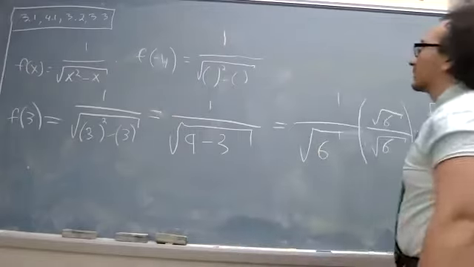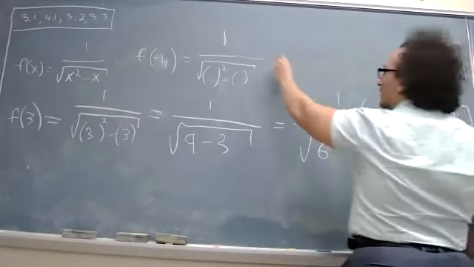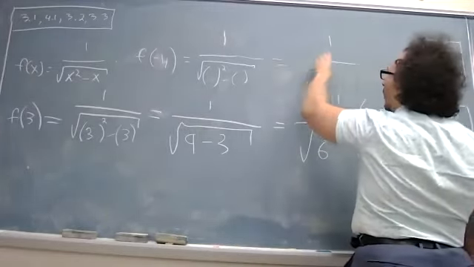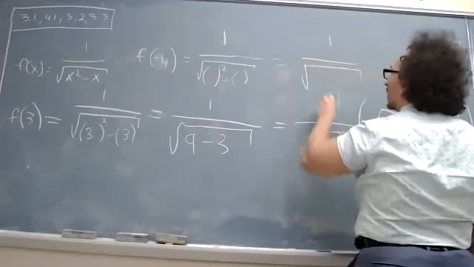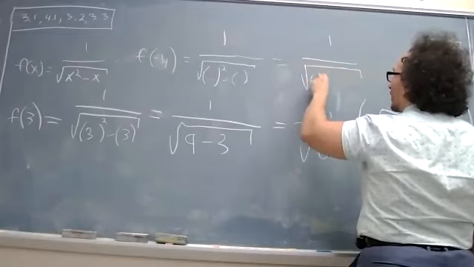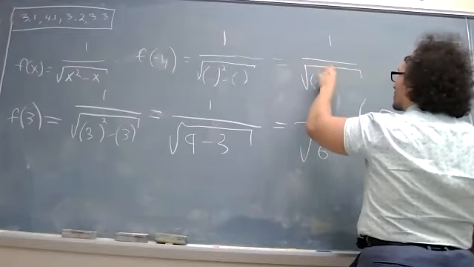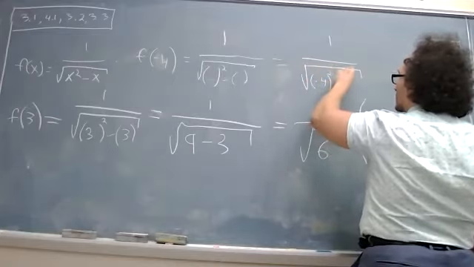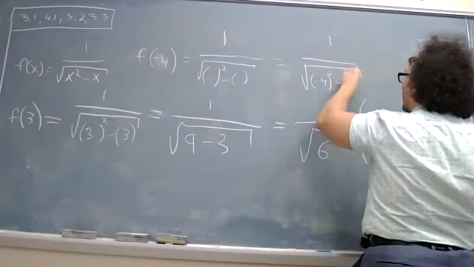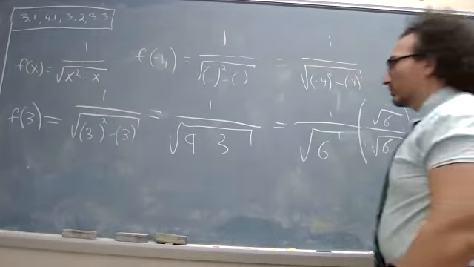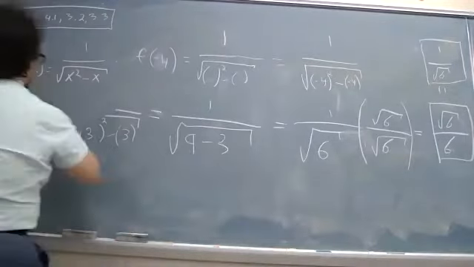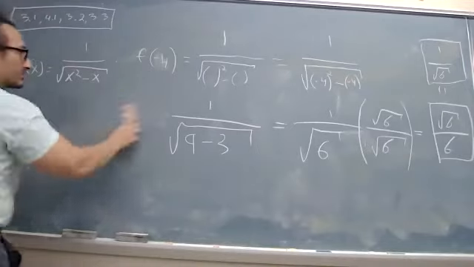Okay. Notice that this is equivalent to 1 over the square root of negative 4 squared minus a negative 4. Okay. I'm going to move the calculation down here because we're running out of room.